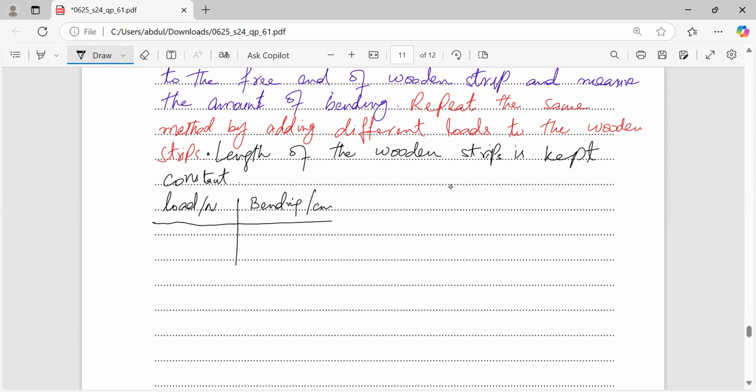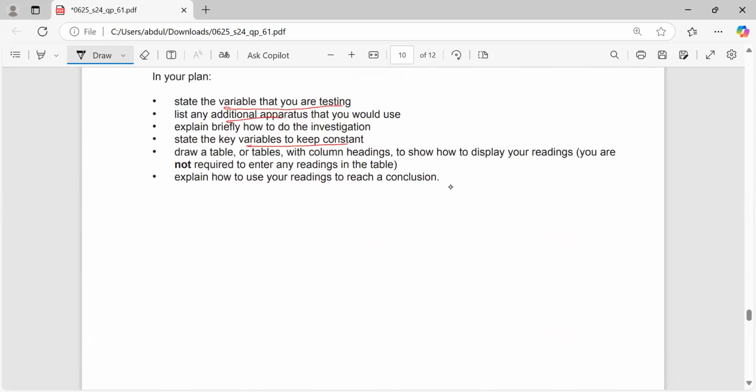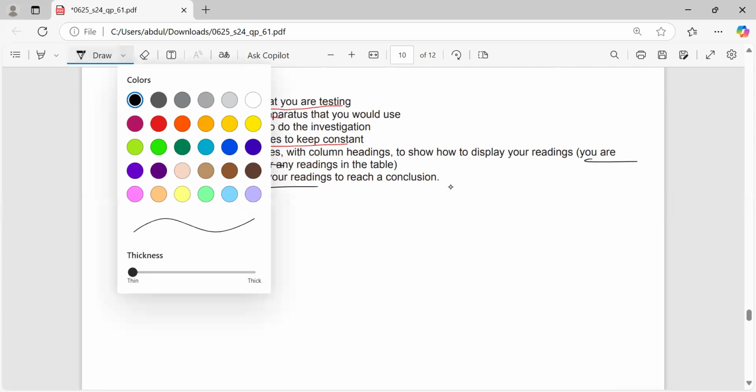So how to reach a conclusion? Next one will be, see, no need to write, you are not required to write any. Explain how you will use your readings to reach a conclusion.